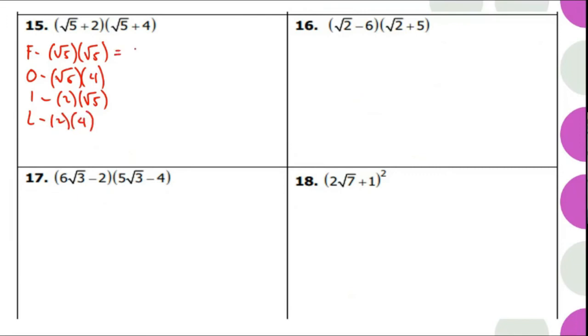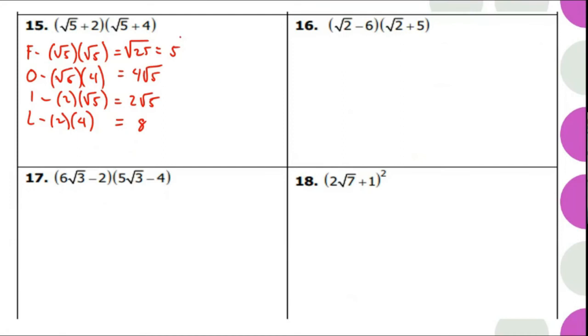We will multiply, so you will get square root of 25, then 4 square root of 5, then that is 2 square root of 5, and the product of the last terms will be 8. So square root of 25 is 5.